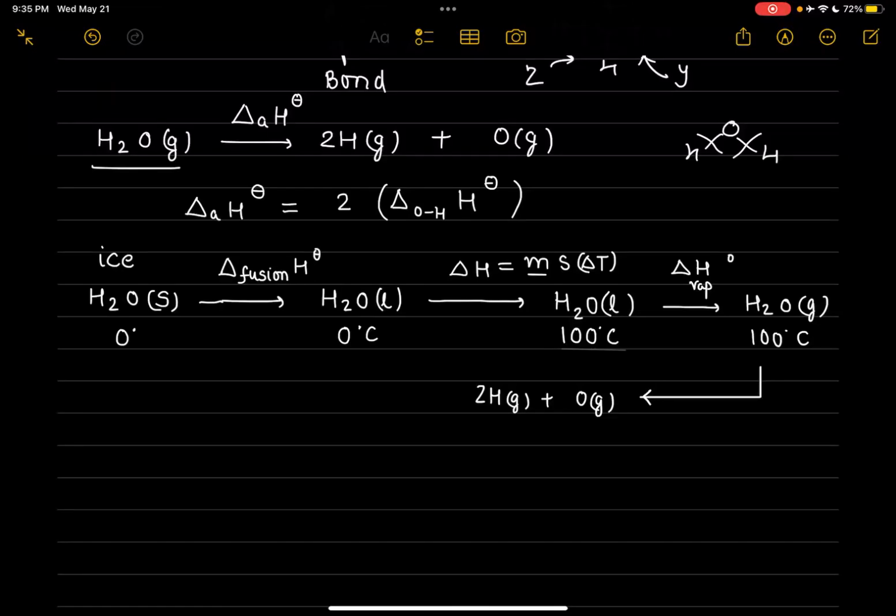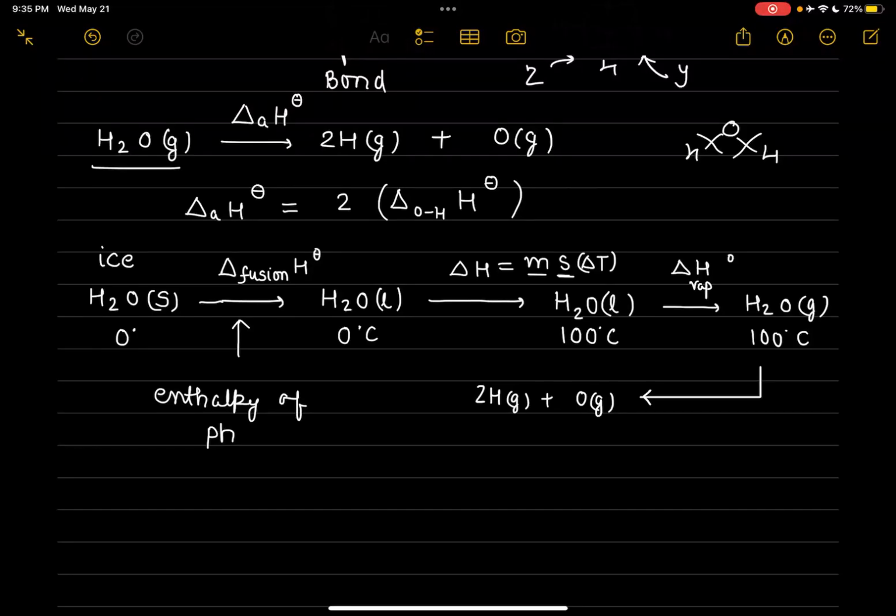So this is called enthalpy of phase transformation. What does S mean over there beside M? It says delta T. S is the specific heat of water.